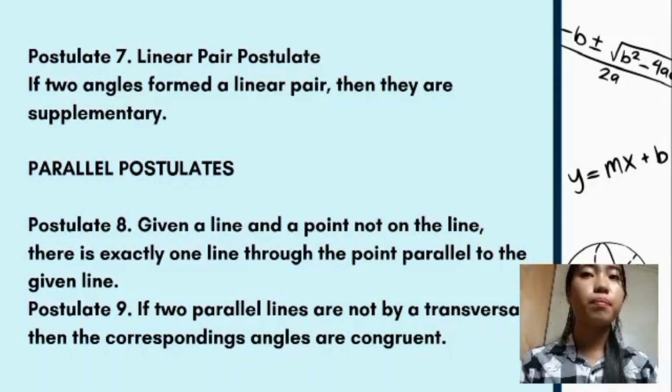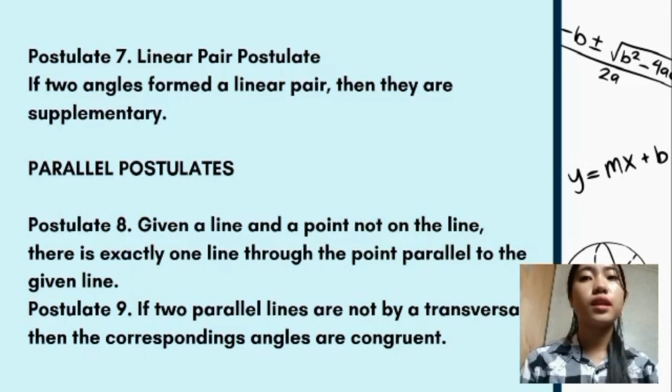Let's proceed to the parallel postulates, the last part of the postulates. Postulate 8: given a line and a point not on the line, there is exactly one line through the point parallel to the given line. Postulate 9: if two parallel lines are cut by a transversal, then the corresponding angles are congruent. That's all for the postulates.